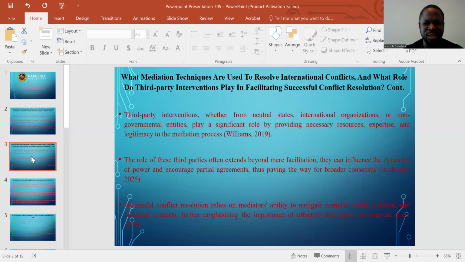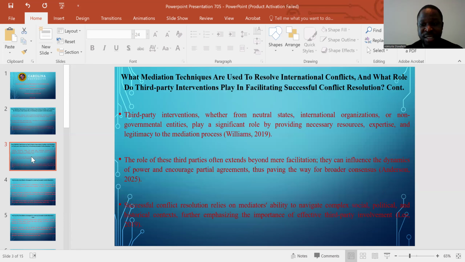Continuing, third-party intervention, whether from neutral states, international organizations, or non-governmental entities, plays a significant role by providing necessary resources, expertise, and legitimacy to the mediation process. The role of these third parties often extends beyond mere facilitation.